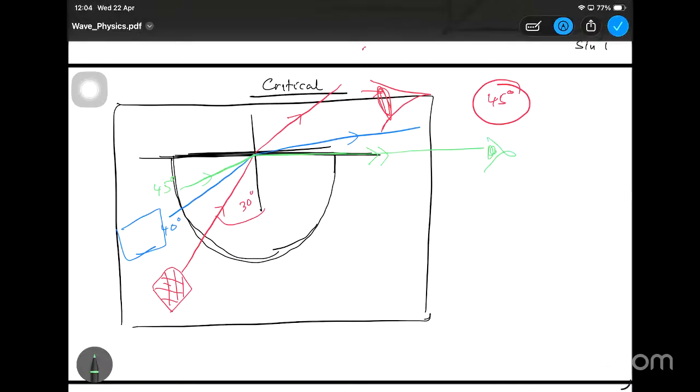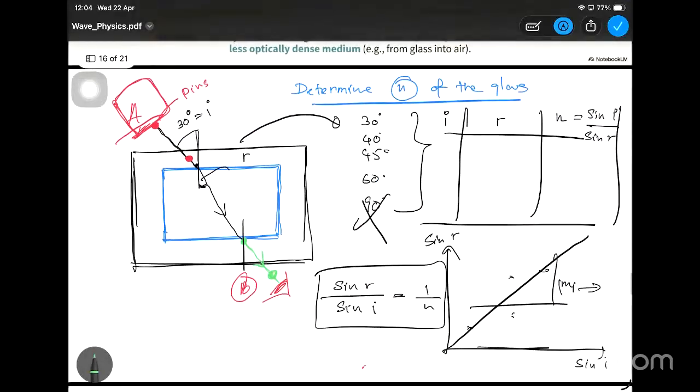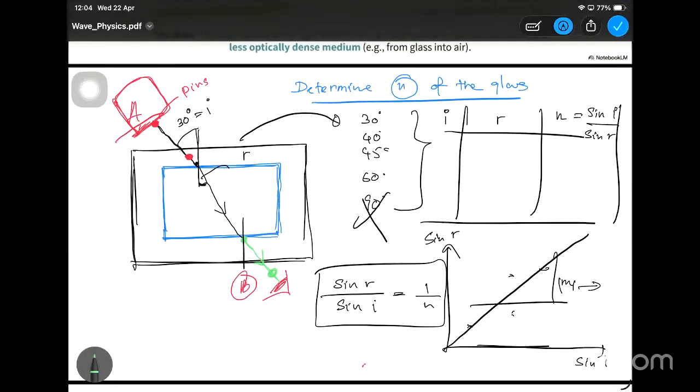So for this sort of practical, if you have to measure the critical angle, there's no need of repeating it. It's okay to repeat, but in the previous case, we had to have different angle values, and depending on those, we calculated different refractive index values and then took an average value.